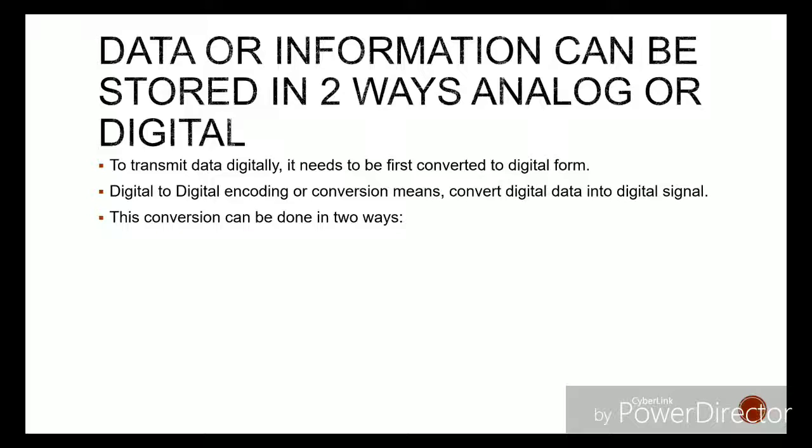This conversion can be done in two ways: one is line coding, and the other is block coding. Normally, for data communications, we are going for line coding only since it is recommended by others.